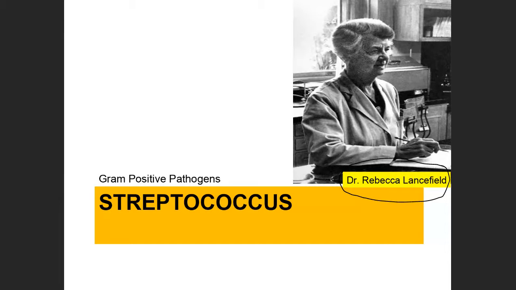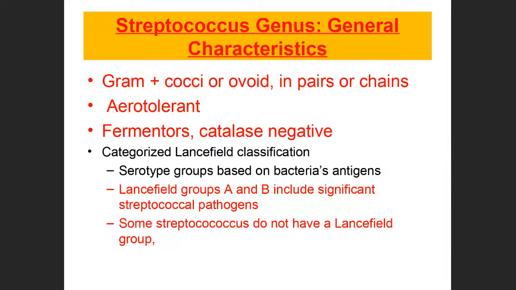And her work was solely on classifying Streptococcus using antibody tests. So she put together a classification for Streptococcus using antigens. So we have antigen groups, and we use what we call the Lancefield groups of Streptococcal classification. Medically, that's what we use.